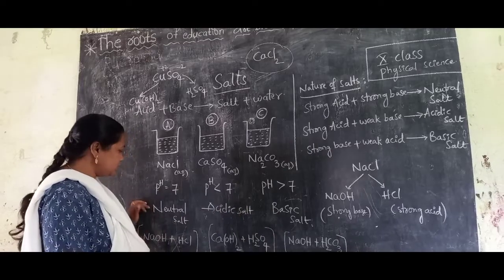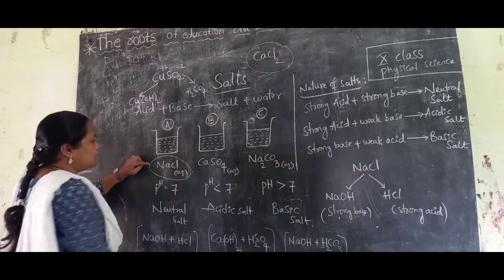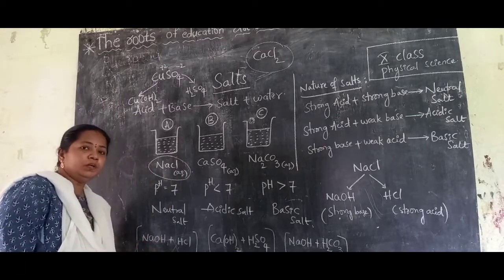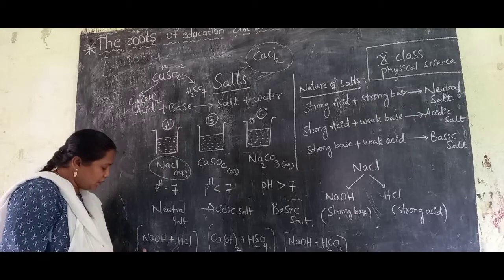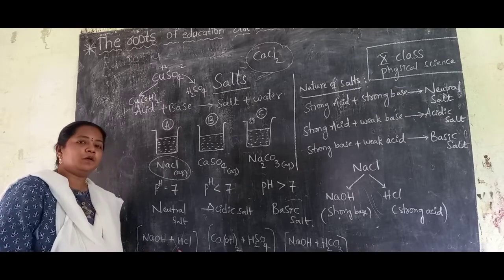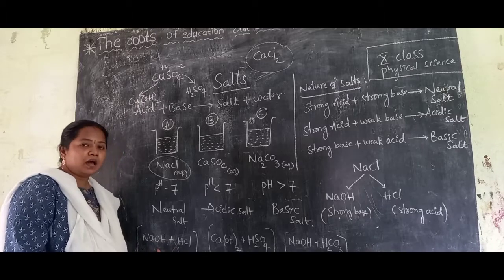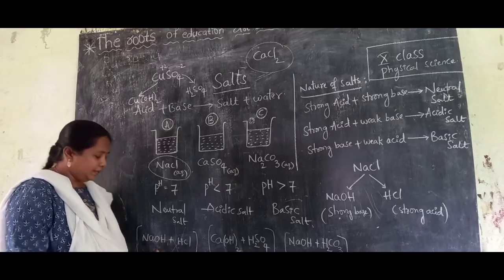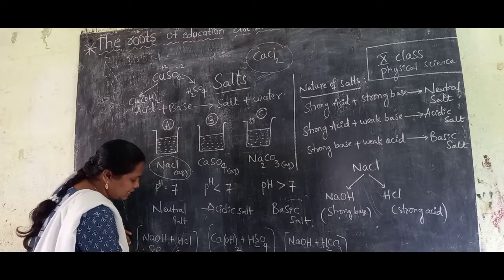Then why is it showing like this? See, this sodium chloride salt is formed from these two substances, sodium hydroxide base and hydrochloric acid. Both of them are strong. Sodium hydroxide is a strong base and hydrochloric acid is a strong acid.